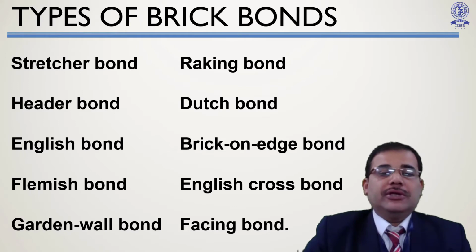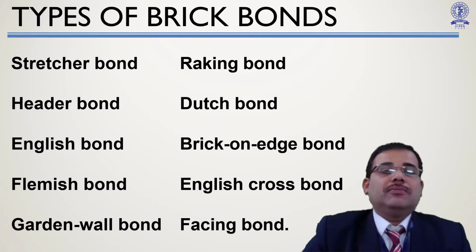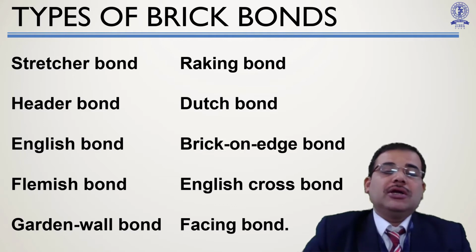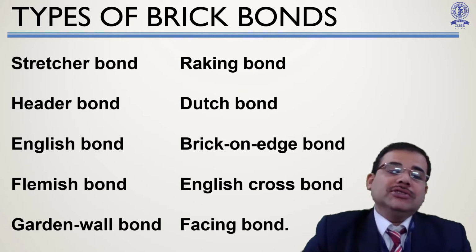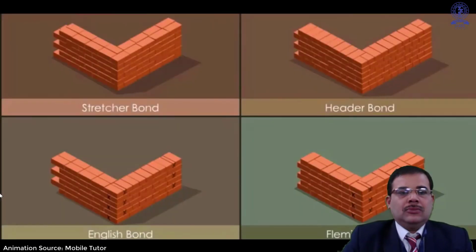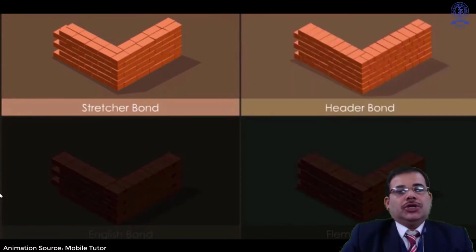Stretcher bond, header bond, English bond, and Flemish bond are the important or commonly observed bonds in brick masonry. Along with these, garden wall bond, racking bond, Dutch bond, brick on edge bond, English cross bond, and facing bond are some of the bonds which are not regularly but occasionally found. These are the four important bonds: stretcher bond, header bond, English bond, and Flemish bond.